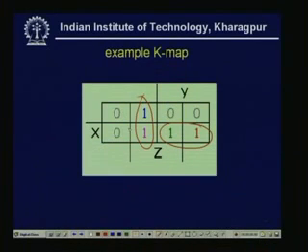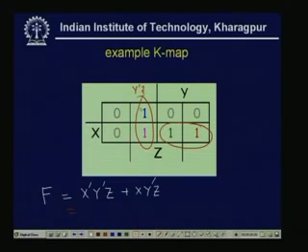For these 2, f equals x'y'z plus xy'z. See, this is the column for y'z, so only y'z will come here.